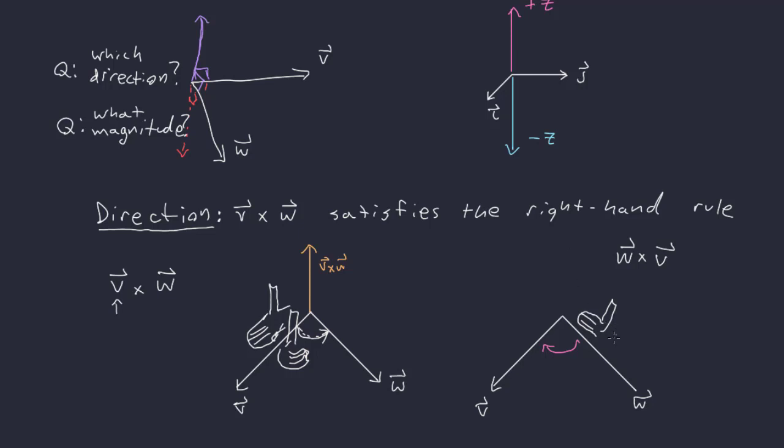I would be curling my fingers this way, which is the wrong orientation. So I'd basically be talking about the wrong angle. In order to do it, I'd have to flip my hand around the other way, upside down.